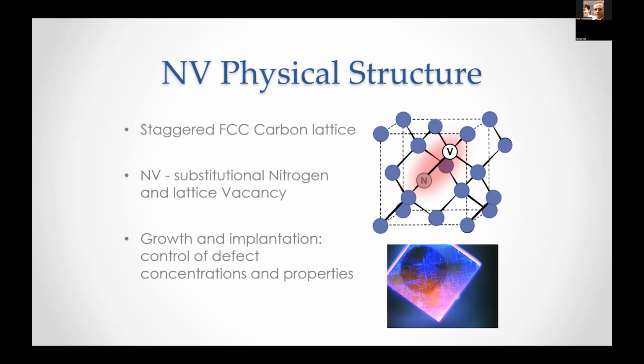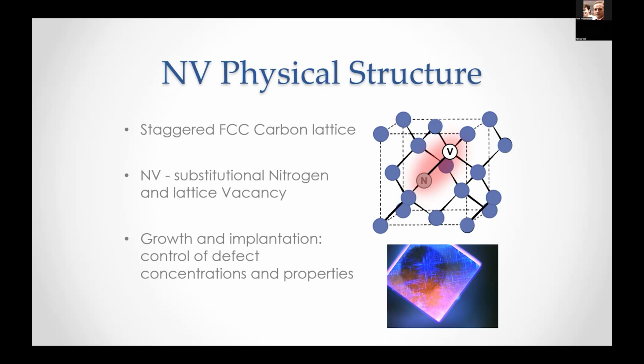So there's various control schemes that can be applied in the growth process to create a desired substrate in terms of the defect profile. One can also use additional techniques. So for example, many of us take pure diamond plates that have negligible defect content and then implant them post-growth with the desired ions.